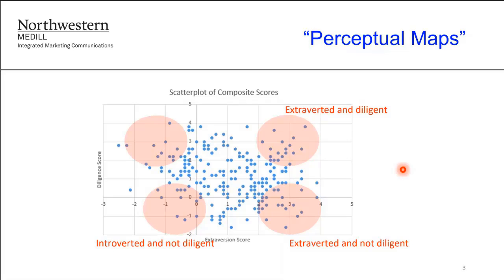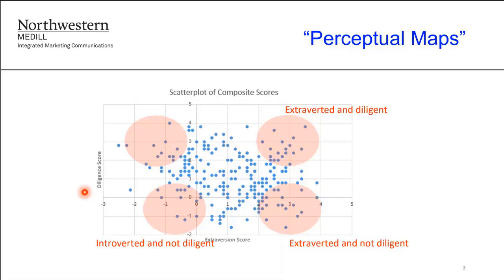The perceptual maps are created based on the factor scores that we learned in the previous lecture. This is a scatter plot of composite scores, and composite score is the same as factor score in this context. We have two dimensions here: one is extraversion and another is diligence.